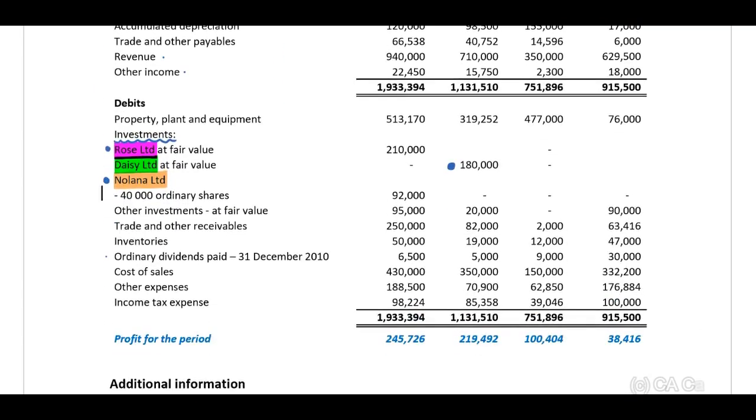Other investments, trade and other receivables, inventories, and then ordinary dividends paid on the 31st of December 2010. Therefore, you need to know that this is an intragroup transaction that you need to eliminate. Cost of sales, other expenses, and income tax expense. And then they provide us with the profit for the period.